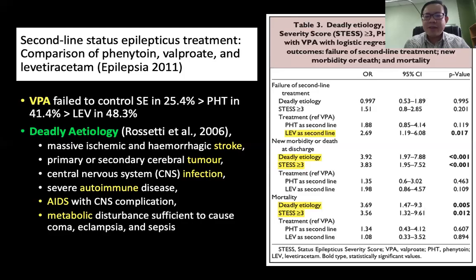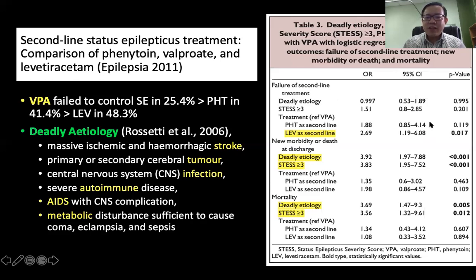Phenytoin, valproate, and levetiracetam. This is a 2011 comparison trial. After that, they had a repeat trial later on, and this one used the STESS score for seizure severity prediction.